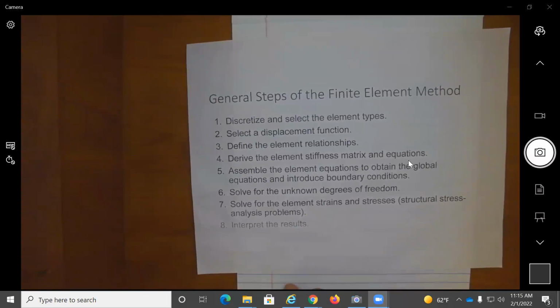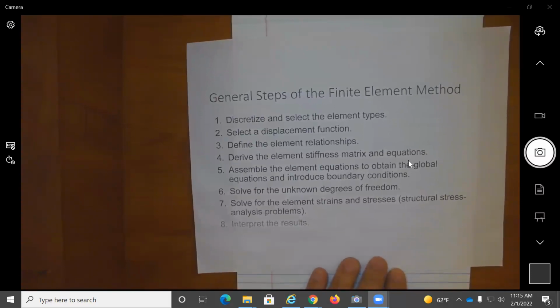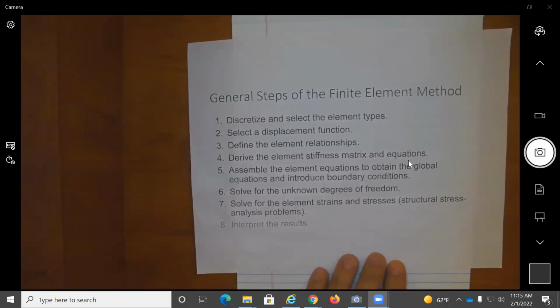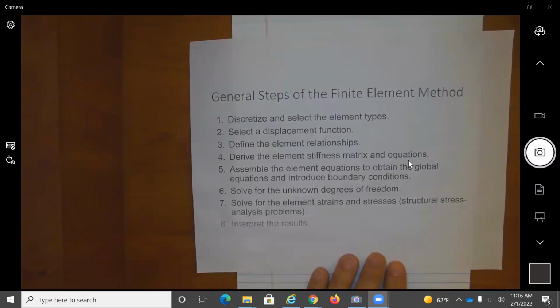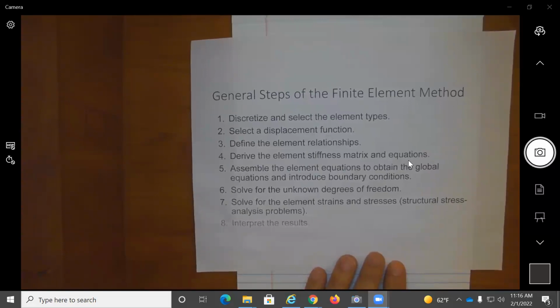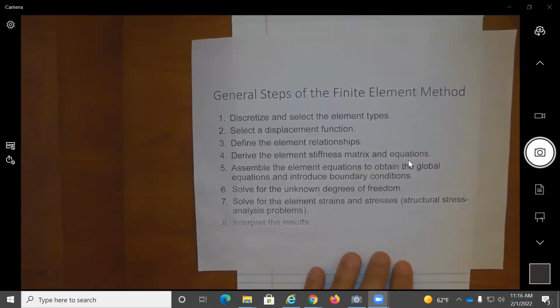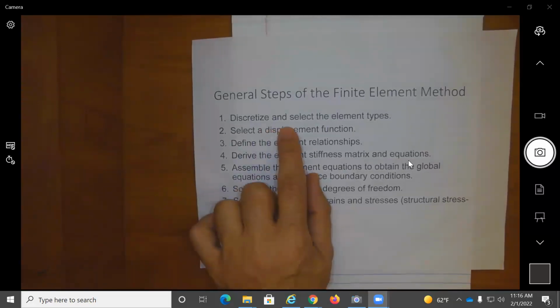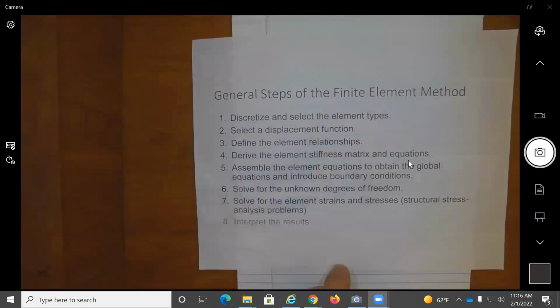And I say almost because, yes, there are a few things we haven't done yet, because we are looking at a simple element and we're looking at uniaxial. So the local coordinates are the same as global coordinates. We did not need to look at displacement functions yet, which is another thing we're going to do in chapter 3. But we have selected spring elements and looked at them in assemblage.